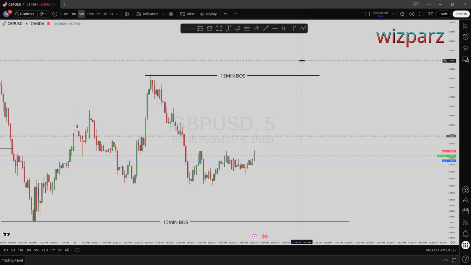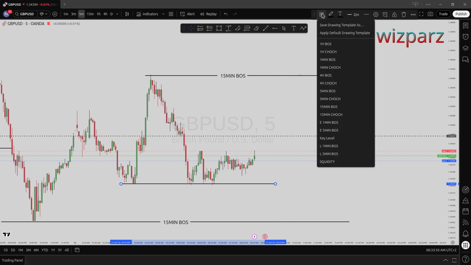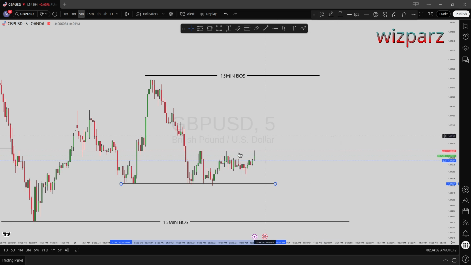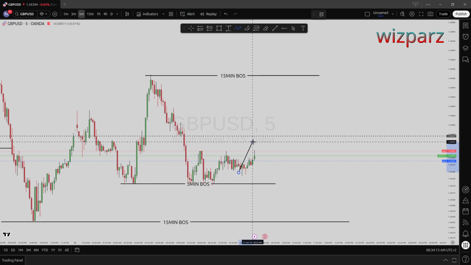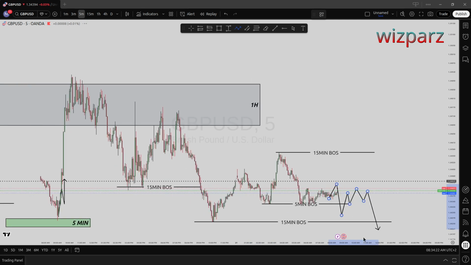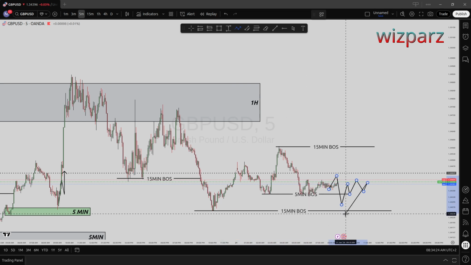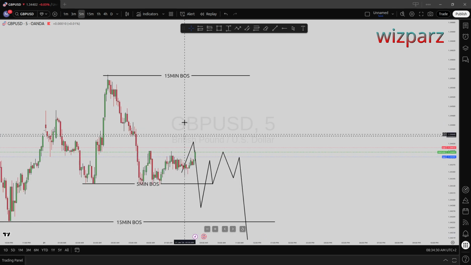On the 15 minutes, we can clearly see that on the 5 minutes there is still no trend, and I am expecting price to come back and break this structure, like this, then pull back and go short, targeting price to continue making lower high, lower low on the 15-minute trend.